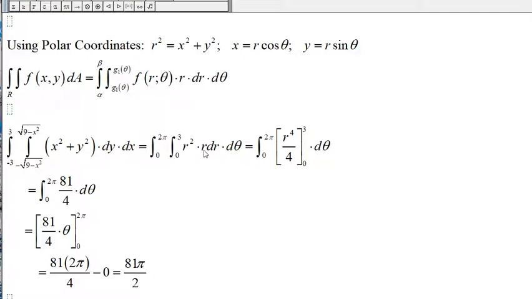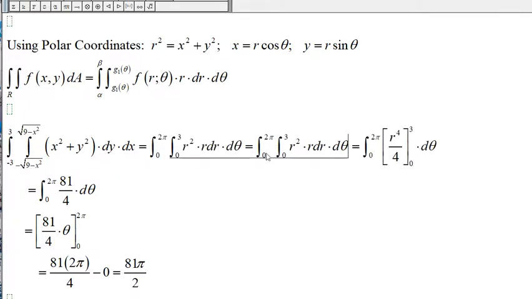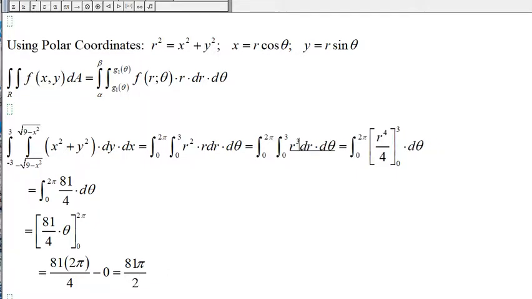R squared times r is r to the third. The antiderivative would be r to the fourth divided by 4. And then evaluate from 0 to 3.